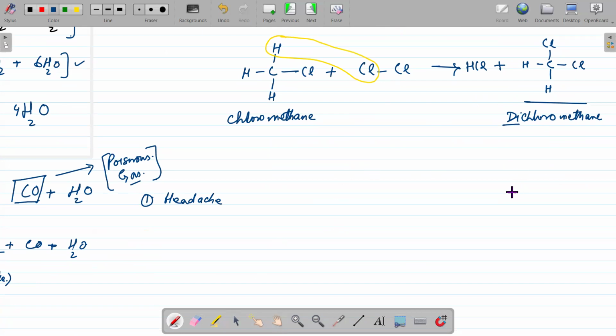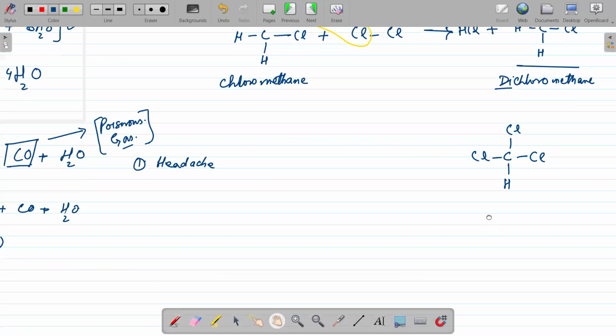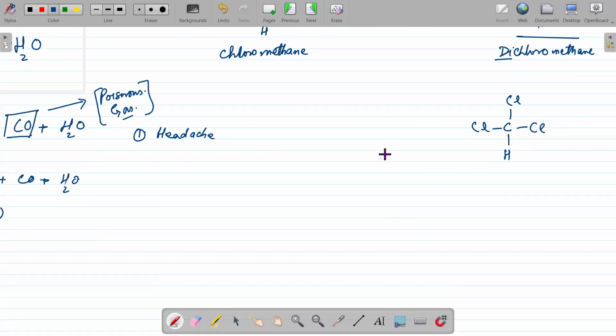Now let's try to name this product. If I have three chlorine atoms substituting the hydrogen atoms, the name of this compound will be trichloromethane. Now, if the last hydrogen atom is also substituted by a chlorine atom, we will get this product, CCl4.